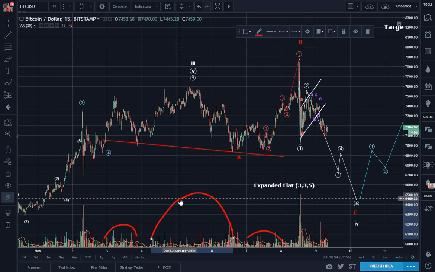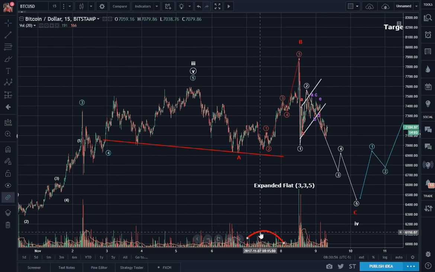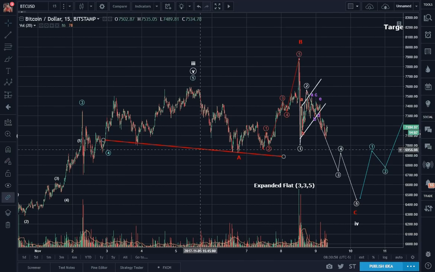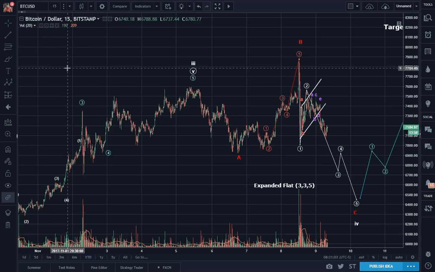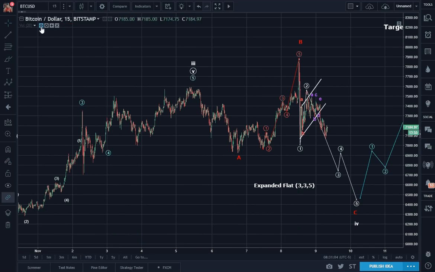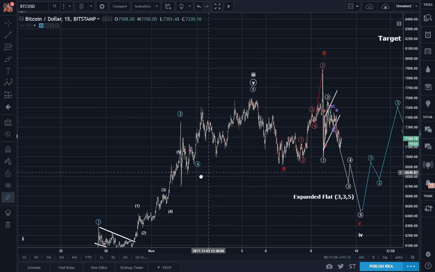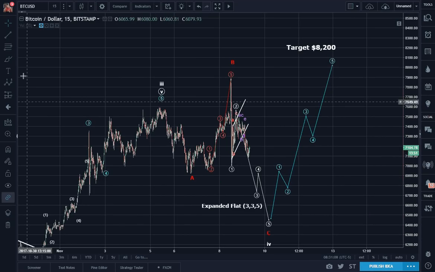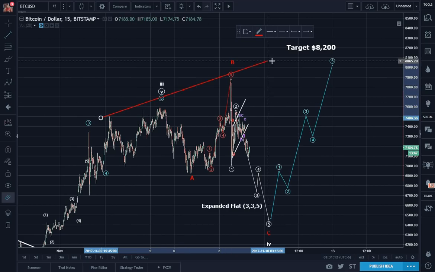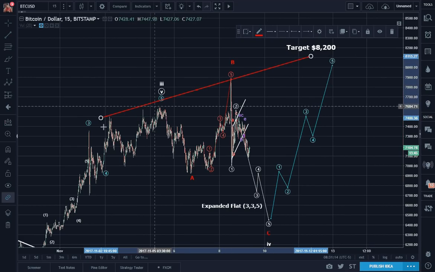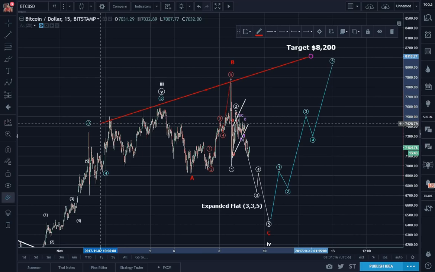So if we get rid of this and take a look at another pattern, now this is going to get a little bit messy, but bear with me. Got a line there going.